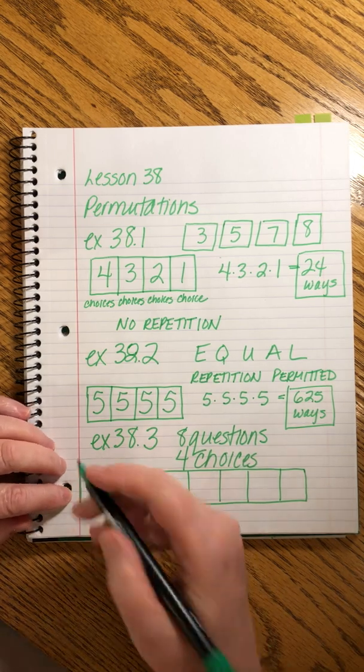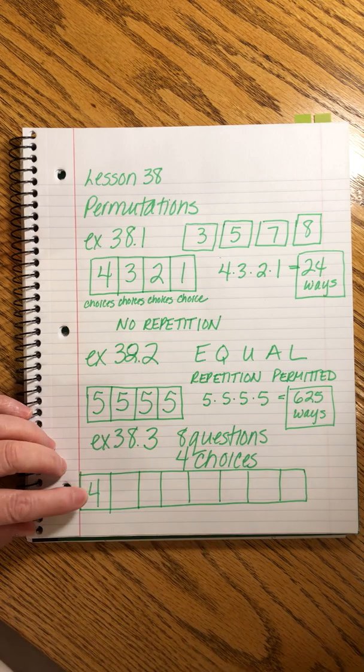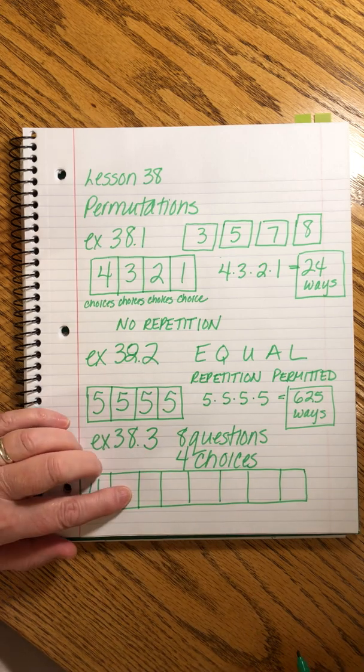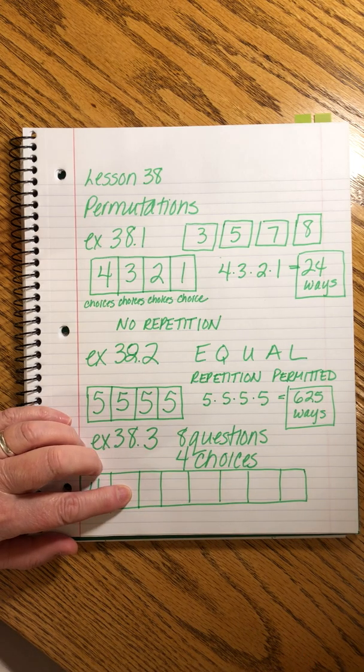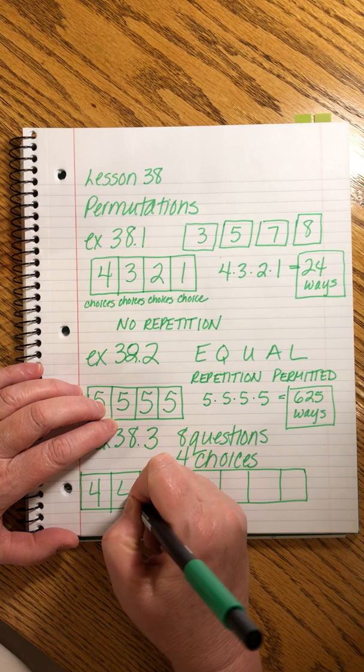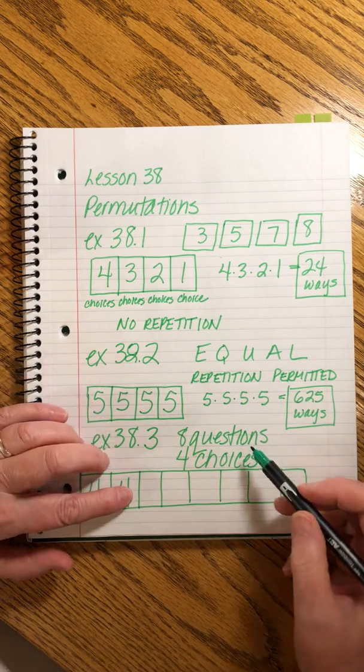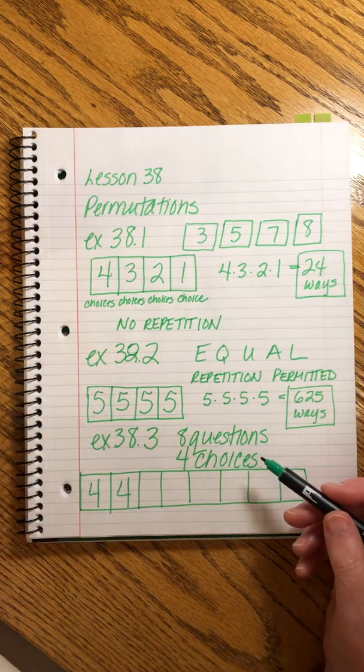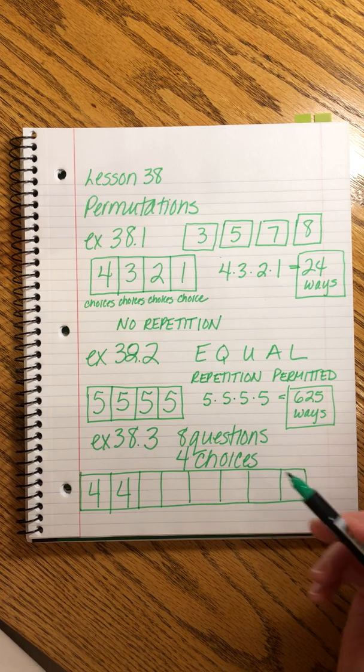So that means we can choose any one of those 4. So we have 4 choices we can make. Now, when we go to take the second test item, have any of our choices gone away? No, there will be 4 new multiple choice options for us. So we can see that this test implies that there's repetition, right? It's not like you only have one set of answers and you're using them up.